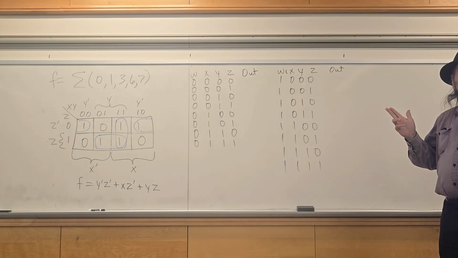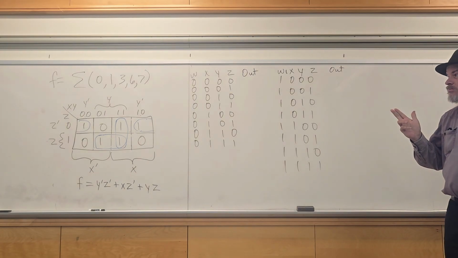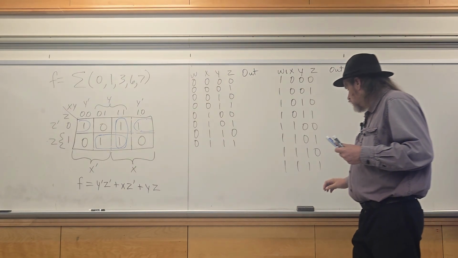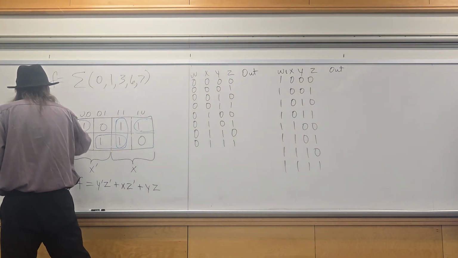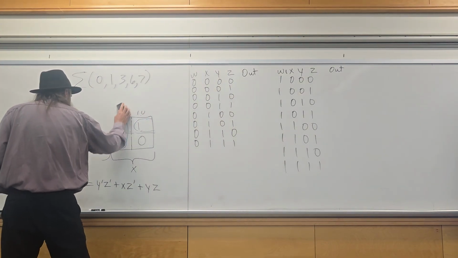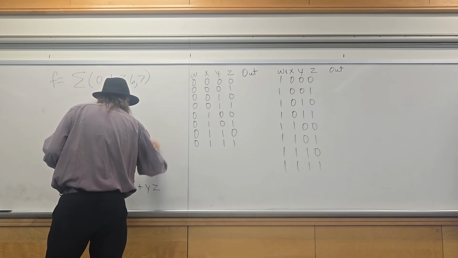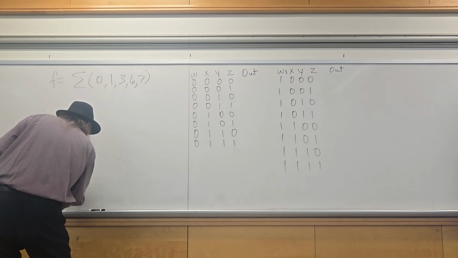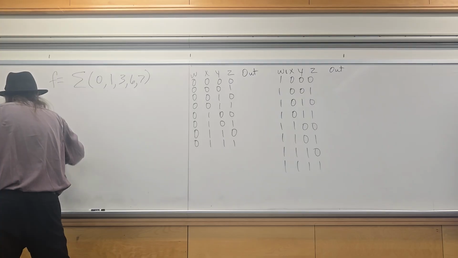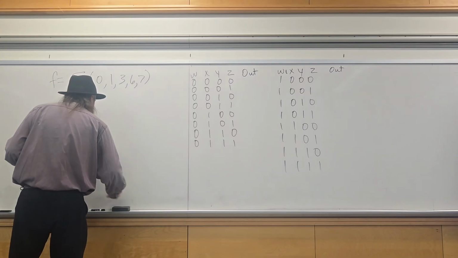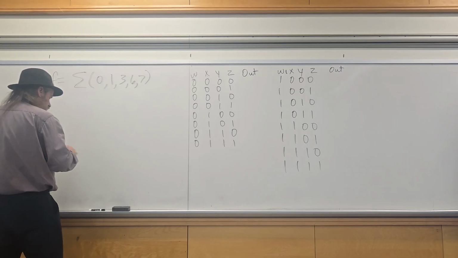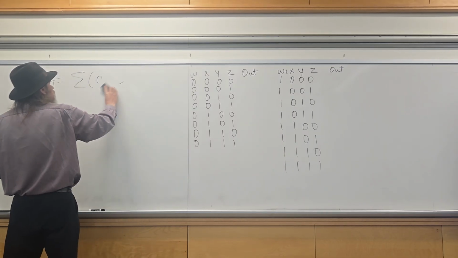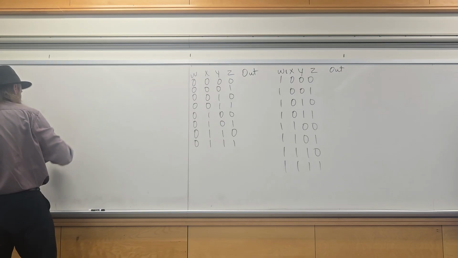Any guesses? Well, it would be one big square. A 4x4 K-map.